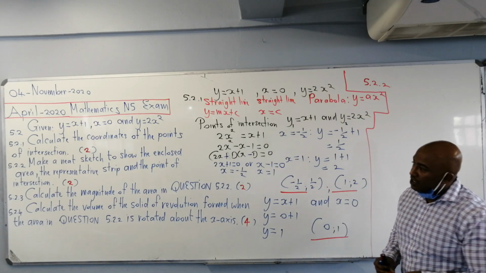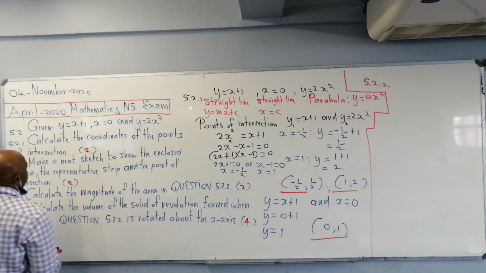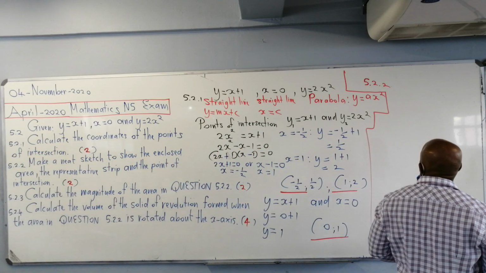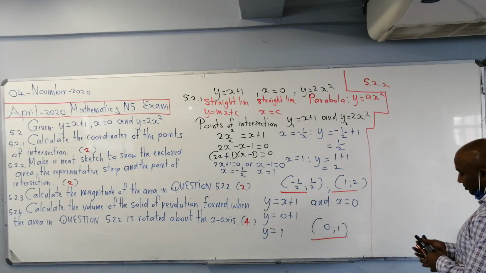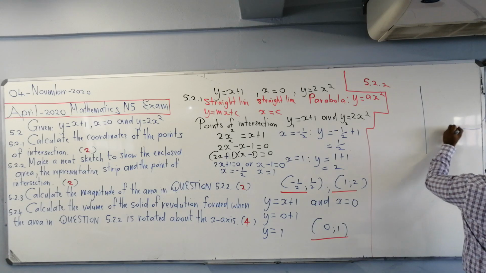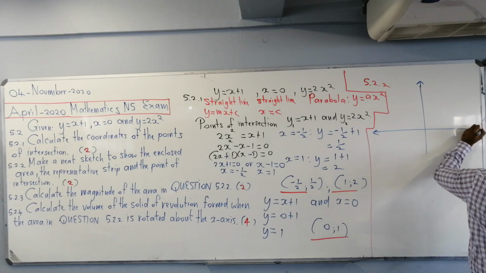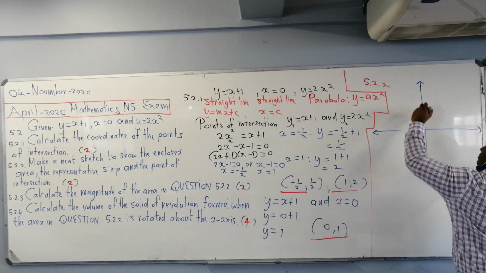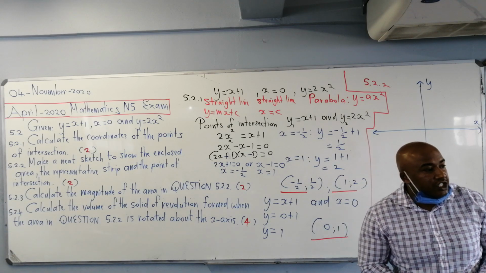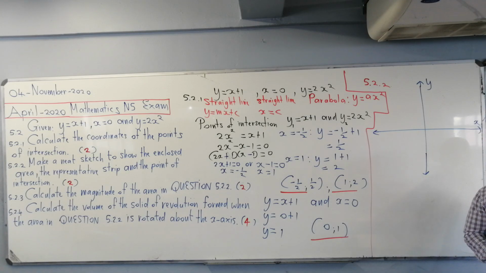Make a neat sketch to show the enclosed area, the representative strip, and the points of intersection. Right, so sketching y is equal to 2x squared, you can use a table for that.